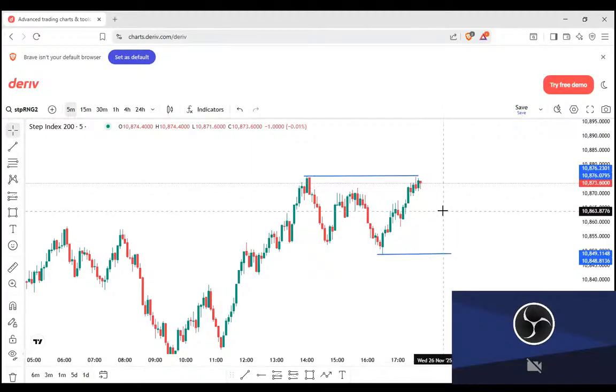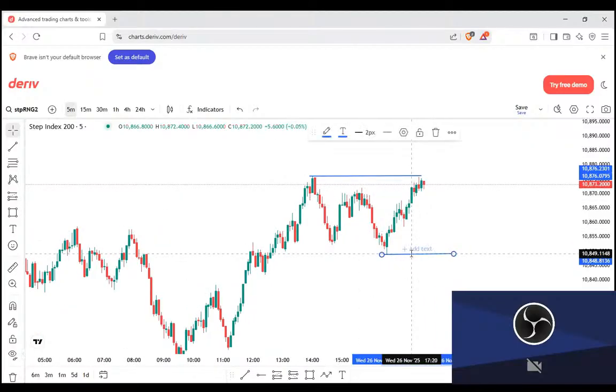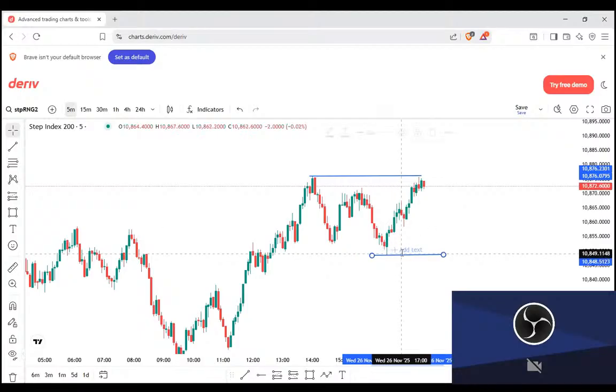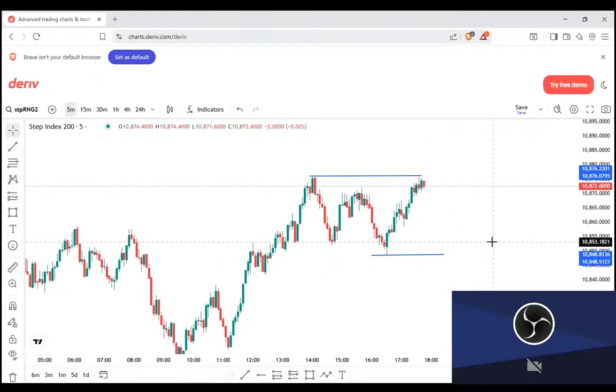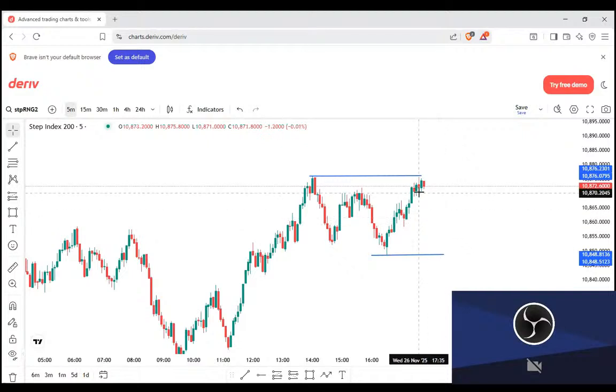If 200 is going to respect this one, it will still break it out. If we break it out, there's a continuation. And if this is giving us the same, price breaks it out. We haven't had this low. If 200 is going to reject this high, then we have no option but to drop back to this low.